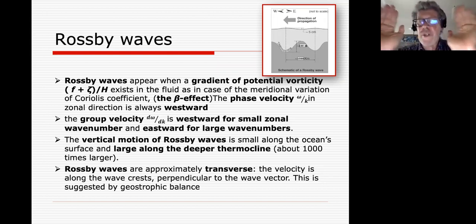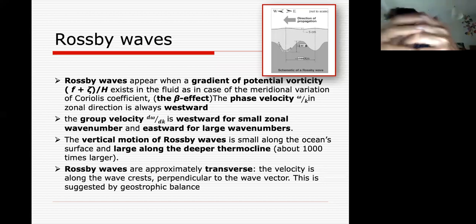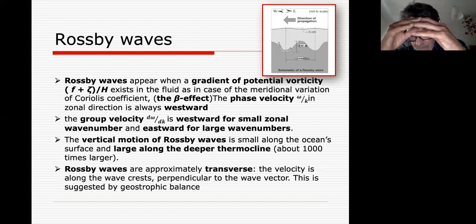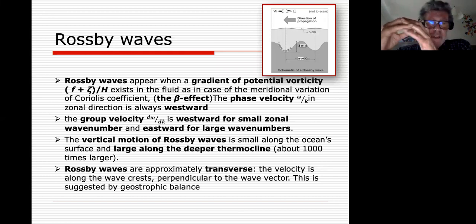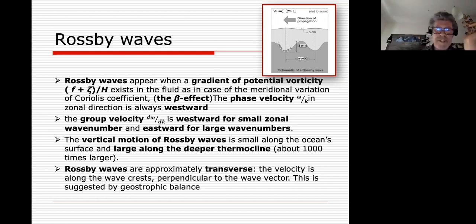This is just to recall some basic features of the Rossby waves and the equatorial Kelvin waves. Also, Rossby waves can have a specific formulation for the equator, also because f vanishes at the equator. We have one, let's say, flavor of the Rossby wave also for the equatorial region.